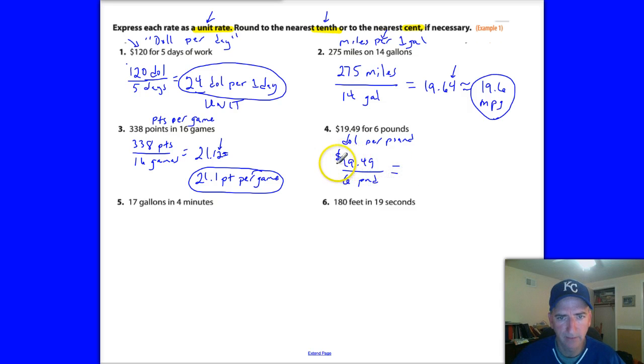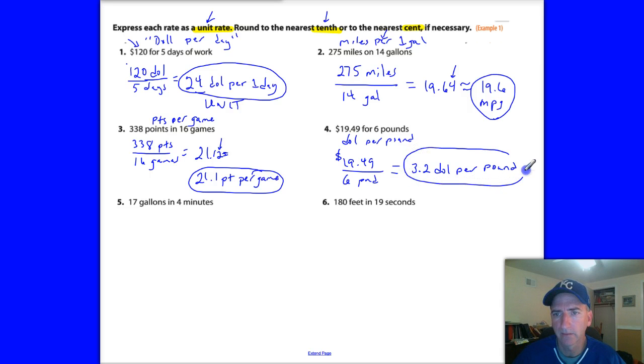Okay, and divide that, 19.49 divided by 6. I come out with, I think I already rounded this one off, $3.2 per pound.